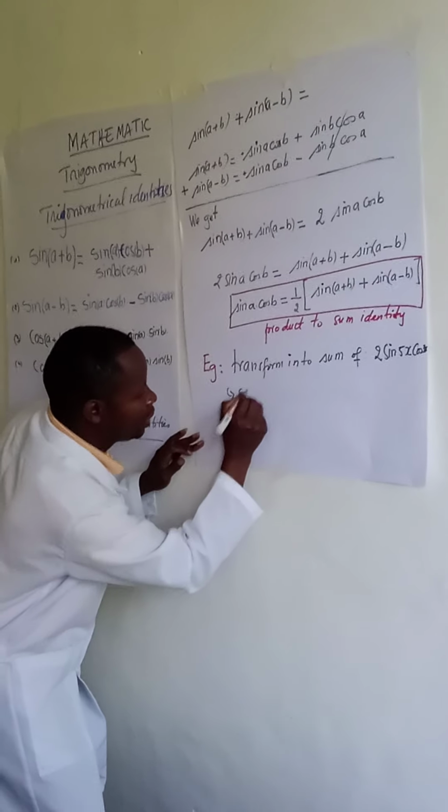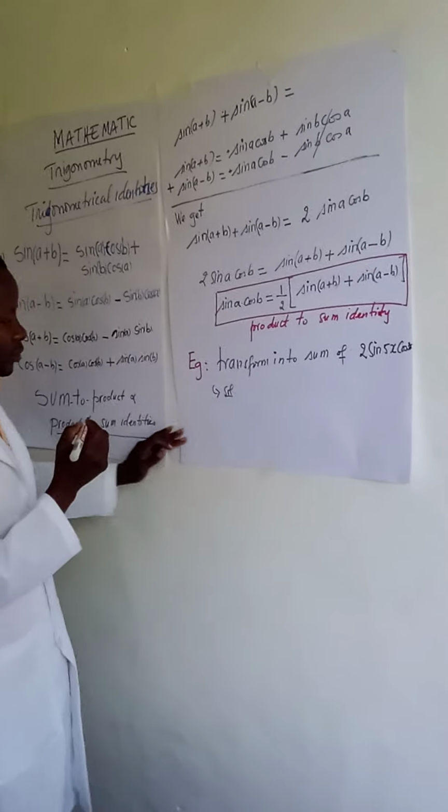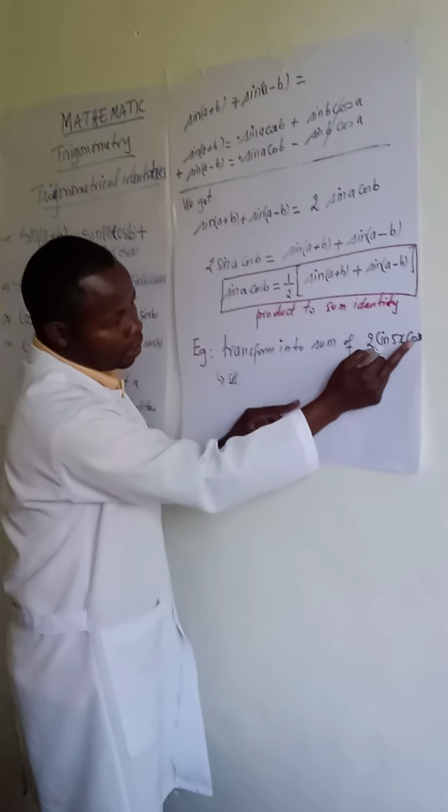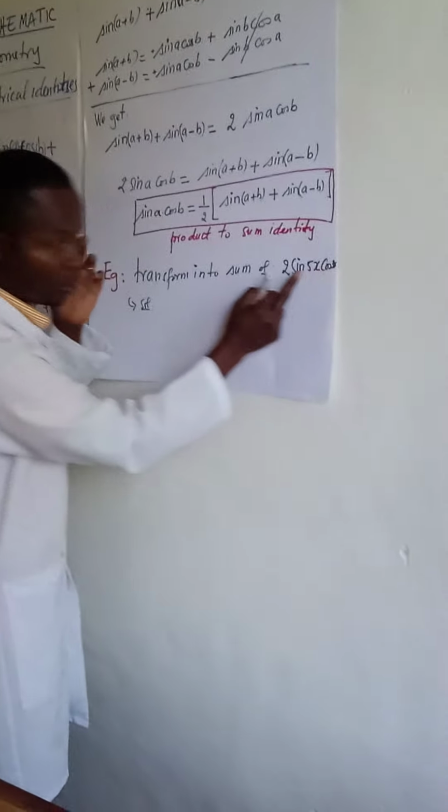The solution. In order to transform the given trigonometric product, we start by rewriting the formula.